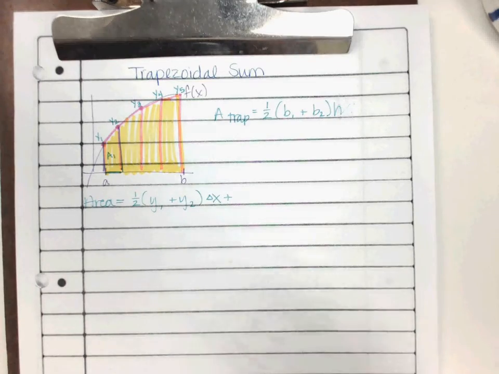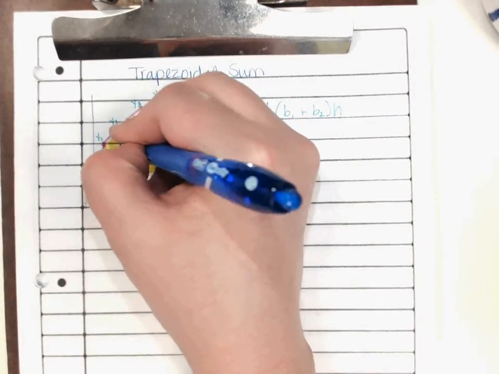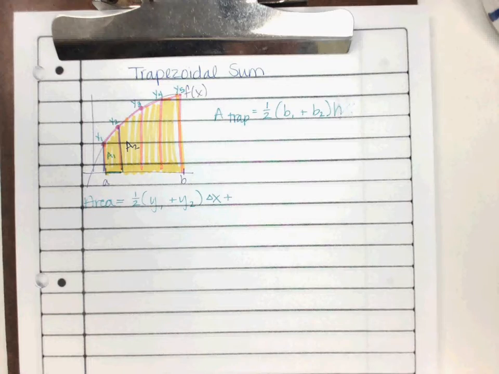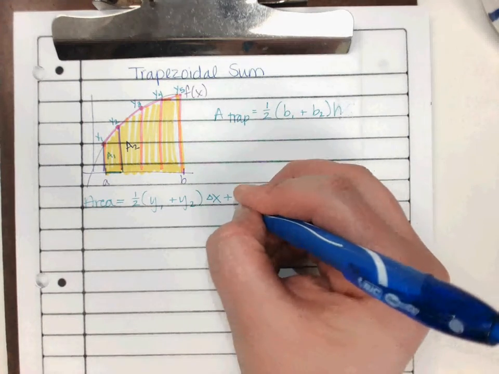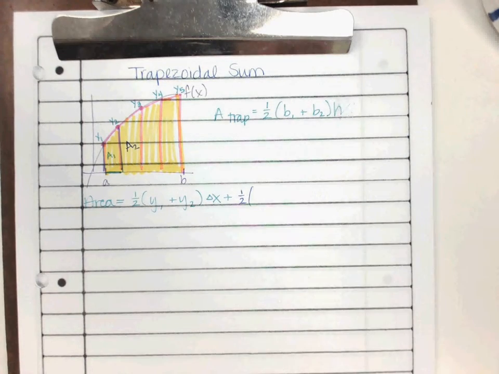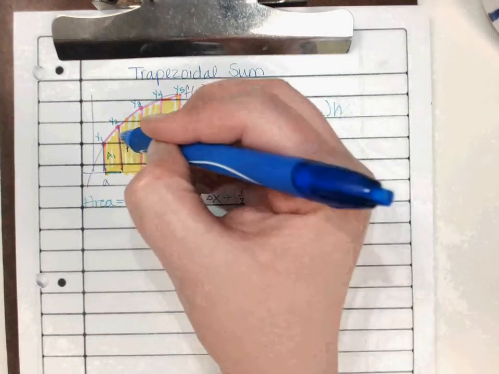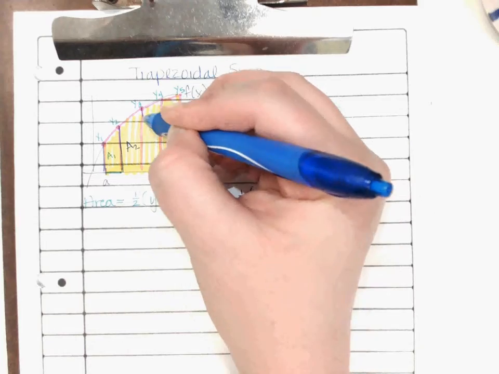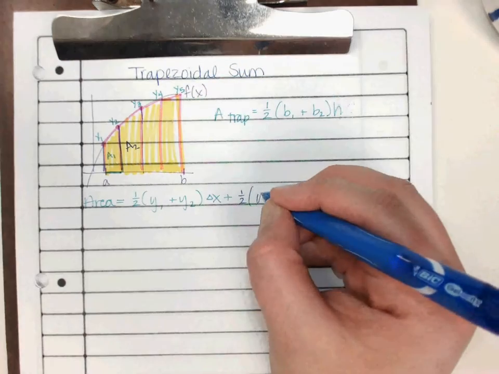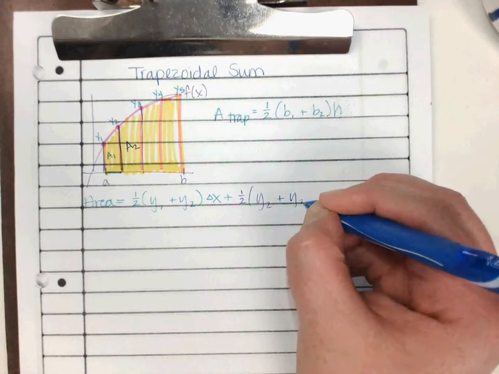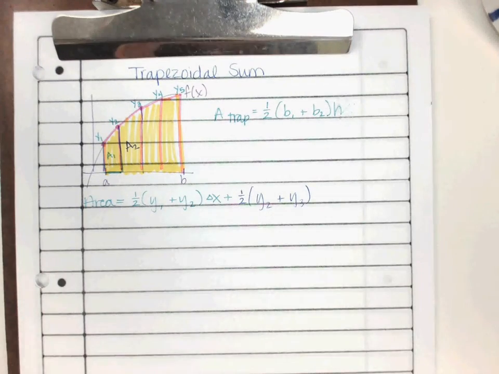Okay, now we're going to go on to the next trapezoid. This is trapezoid number 2. 1/2. What are trapezoid number 2's bases? y2 and y3. So y2 plus y3. Okay, next one.